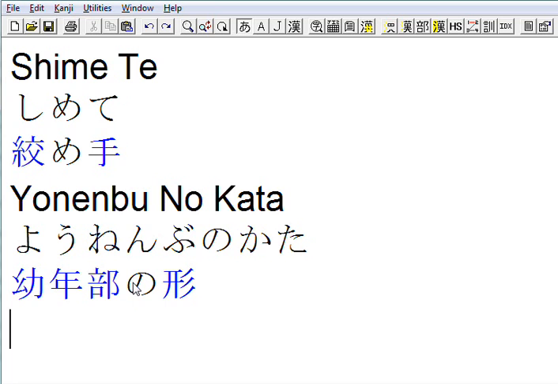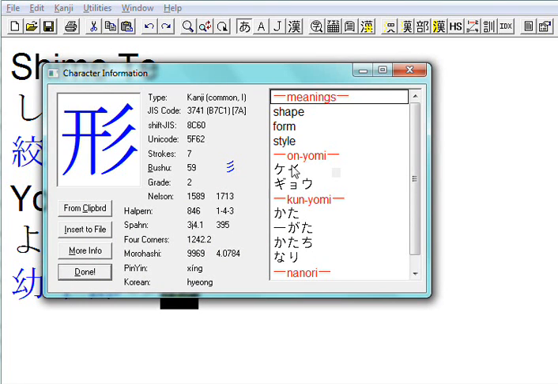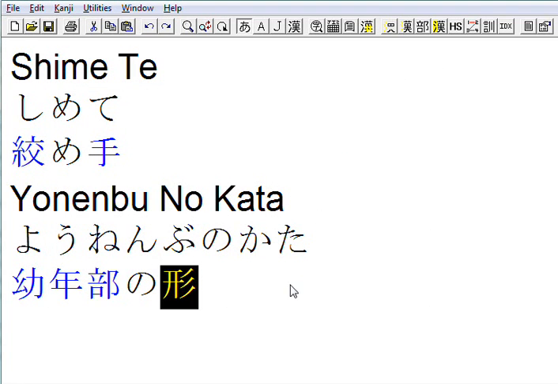It would be the possessive, and then kata. This kata means the forms or the style or the shape. But in this case, it's the form. So the forms that are learned in the children's class. So in Professor Okazaki's dojo, they had the yonenbu no kata, which meant the kids' techniques. Okay, the kids' kata, if you will.